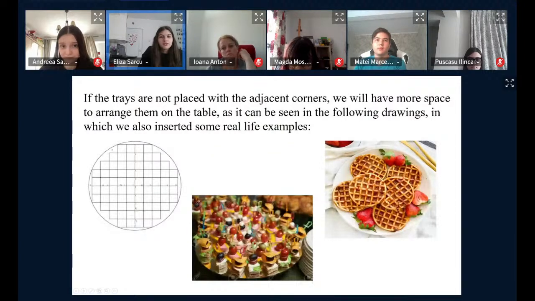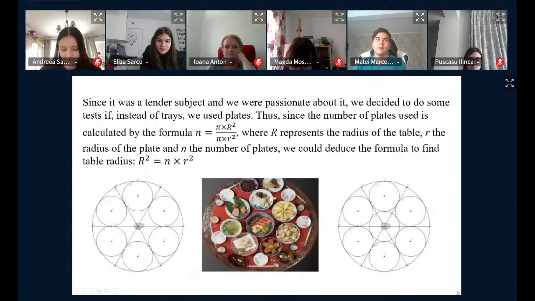If the trays are not placed with the adjacent corners, we will have more space to arrange them on the table, as can be seen in the following drawings, in which we also inserted some real-life examples. Since it was a tender subject and we were passionate about it, we decided to do some tests if, instead of trays, we used plates.